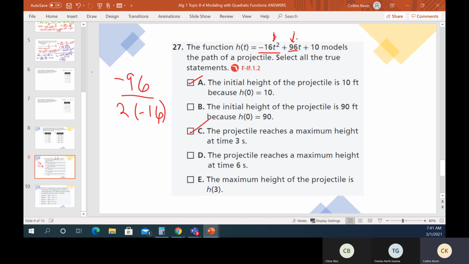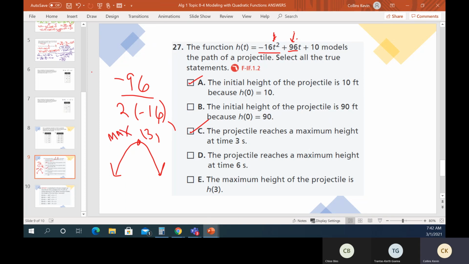It says the maximum height of the projectile is at h of 3. Yes, because remember what we've done here is we figured out we're going to have a parabola that's upside down, right? Because we have negative out in front of the t squared. We just figured out that this point here is going to be the x value of the vertex. That's going to be a maximum point.